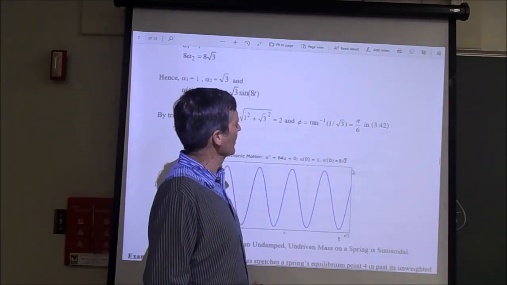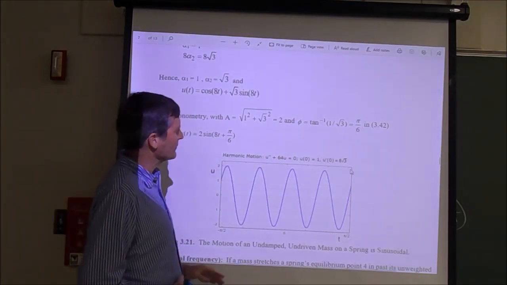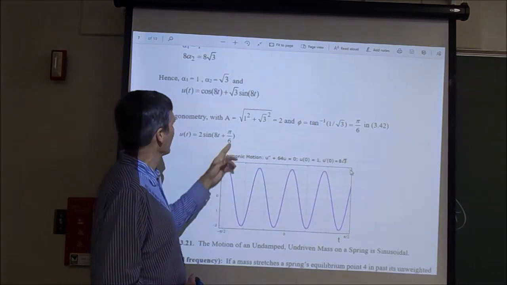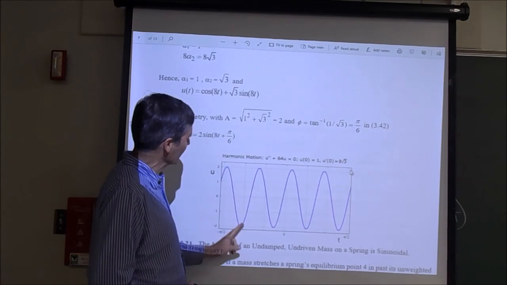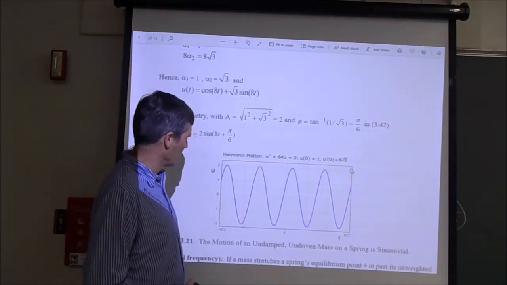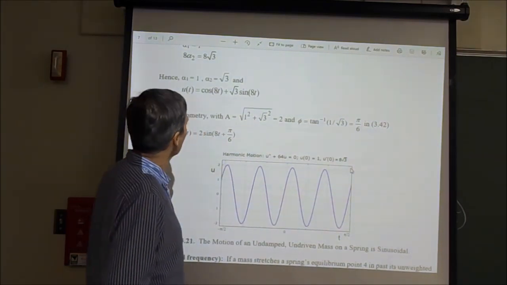The arc tangent of 1 over square root 3 is pi over 6, and so with phi equals pi over 6, the phase shift is minus pi over 6 over 8, which comes back here somewhere. And you have this sine wave, simple harmonic motion, for the motion of the mass. Its displacement on this axis and time t on this axis. There it is.